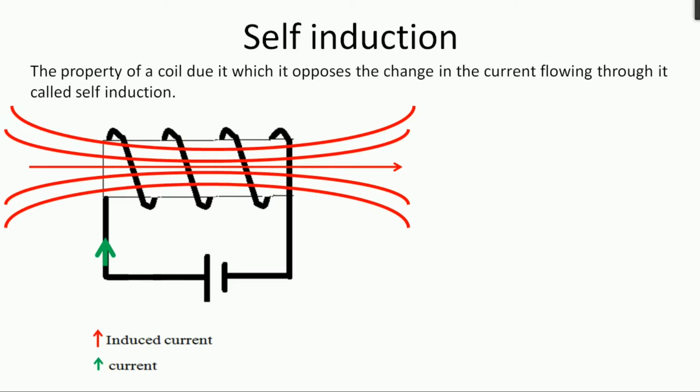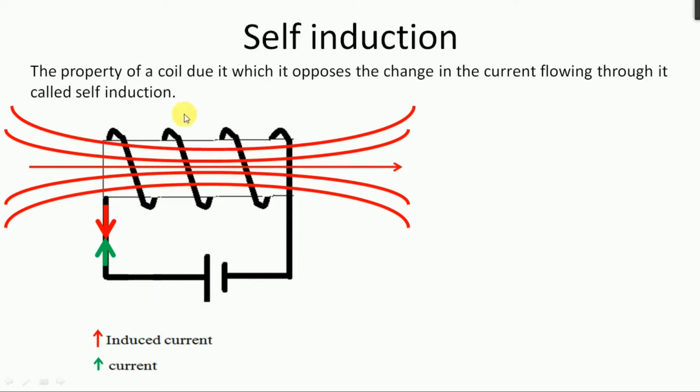According to Lenz's law, induced current will be produced in such a way that it opposes the change in magnetic flux. As the current is increasing on switching on the circuit, the induced current will try to flow in the opposite direction. When we switch off the current through this coil, the flux through the coil again changes from something to zero.